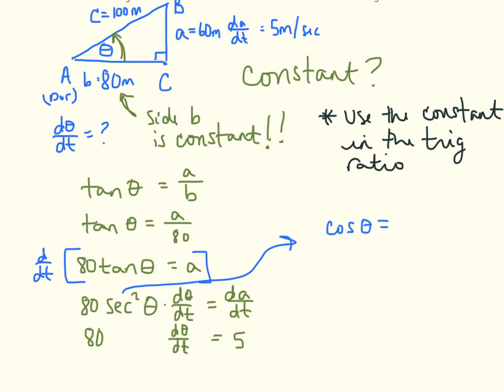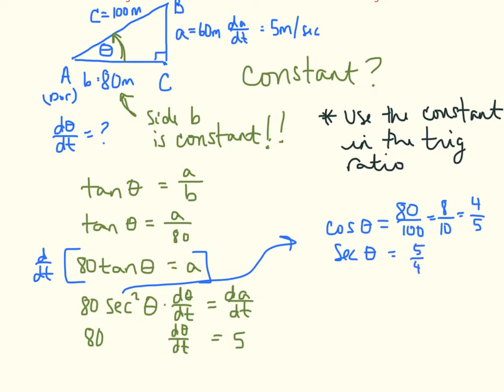So cosine, hopefully you know, is adjacent over hypotenuse. So that's 80 over 100, which simplifies to 8/10, which would then simplify further to 4/5. So cosine of theta is 4/5, which must mean that secant of theta would be 5/4.